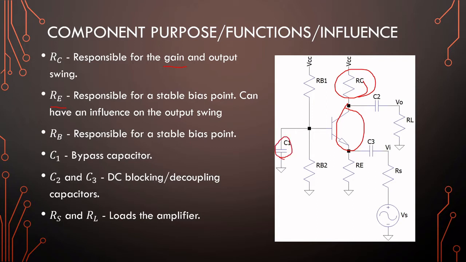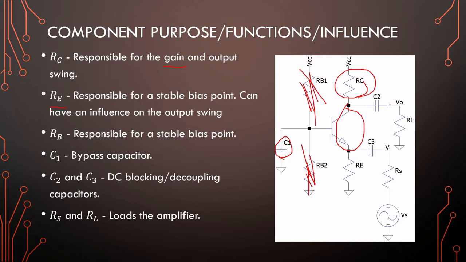Right, C1 is a bypass capacitor, and in the small signal model these two resistors will disappear entirely, so its only purpose is biasing the transistor.